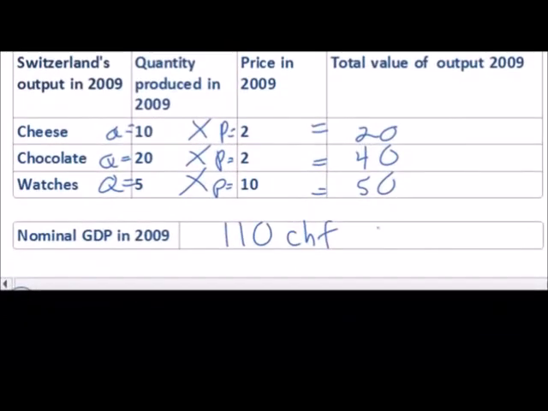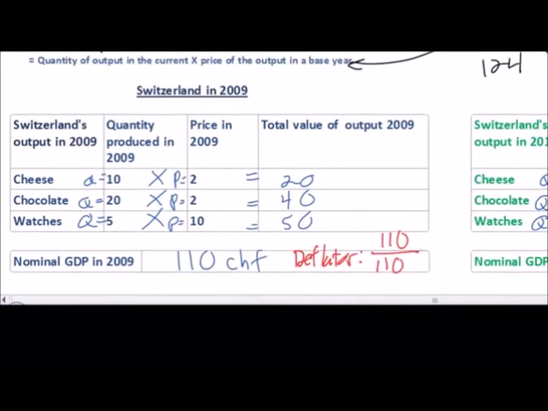We'll do this calculation down here. The nominal GDP in 2009 was 110, and we can divide that by the real GDP. But since the base year in our example here is 2009, the real GDP is also 110. That gives us a GDP deflator of 1 times 100, or 100.